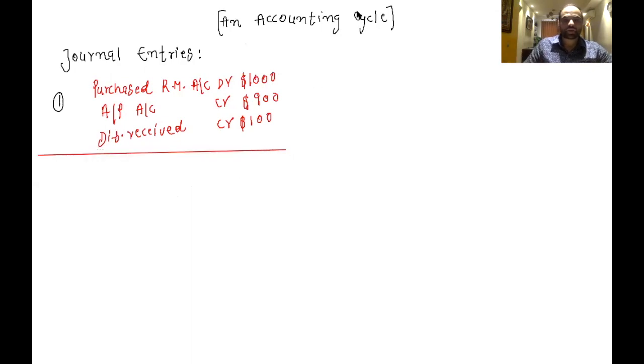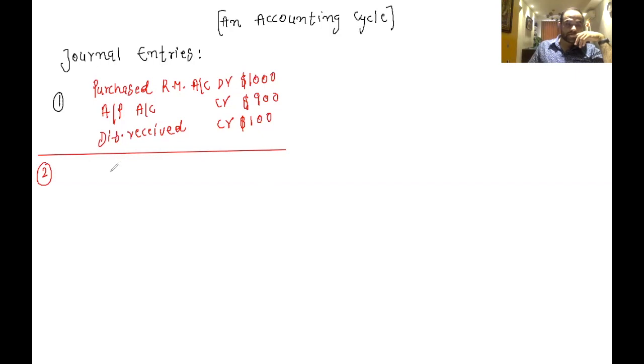Okay, let's move on to number 2. If you do not understand, stop me, right? Number 2 is purchase land 2000. Anybody else? Give me the answer for purchase land 2000. Land account debit.